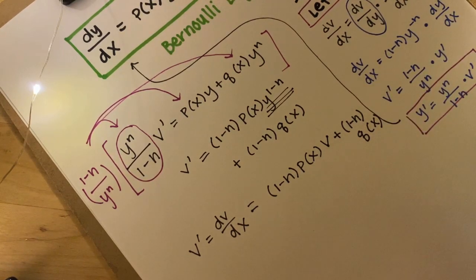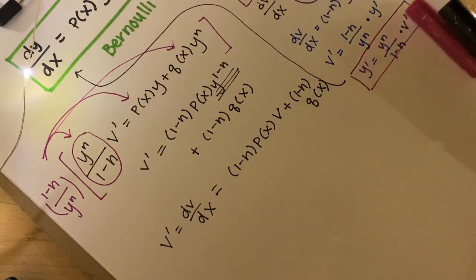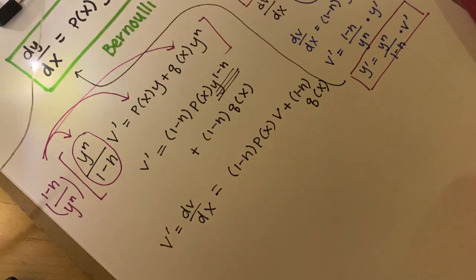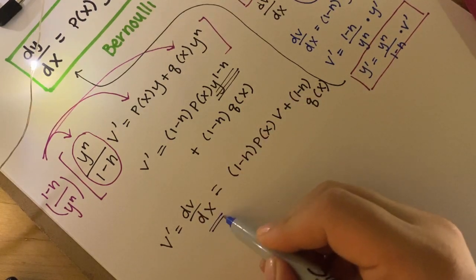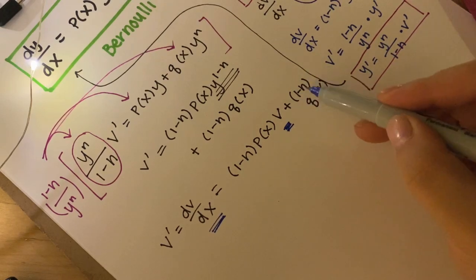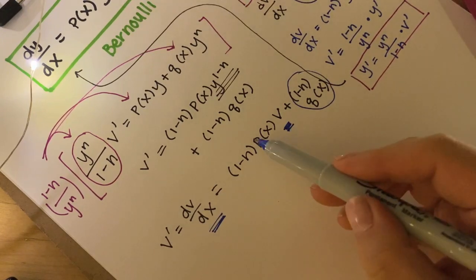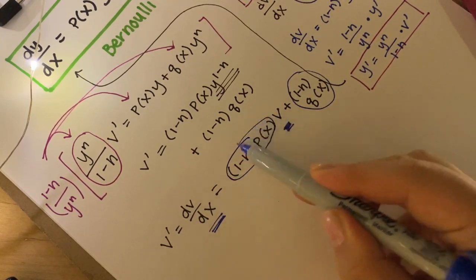And that is indeed first order linear, because we have a v prime, we have a v, and then we just have a function of x, and this is a function of x.